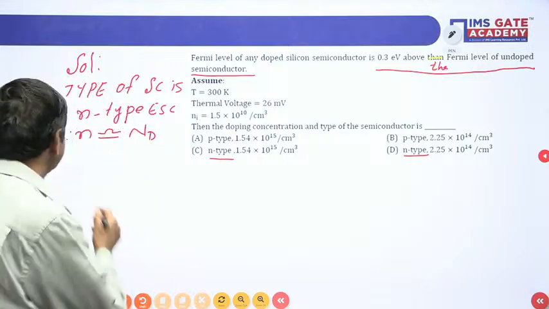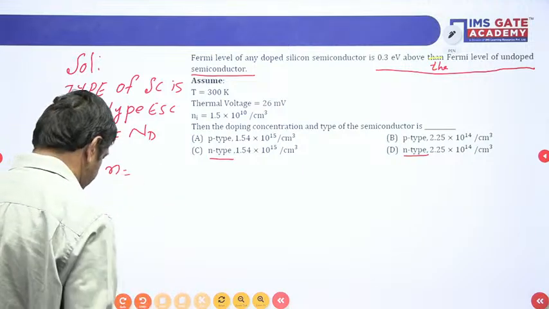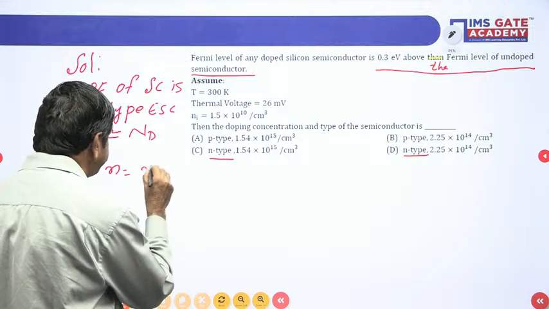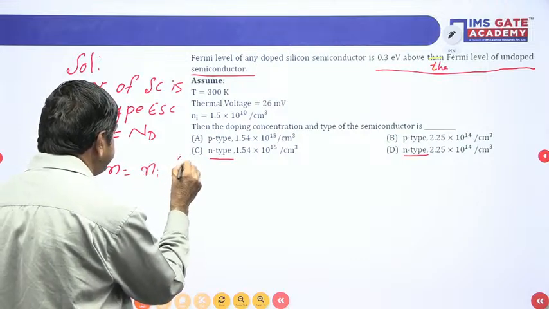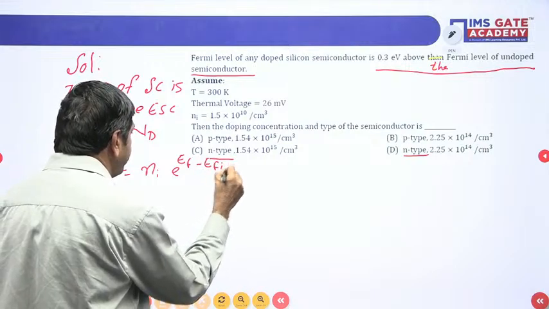I say the concentration of electrons, n equal to, the formula is there: Ni into e power (EF minus EFi) divided by KT.